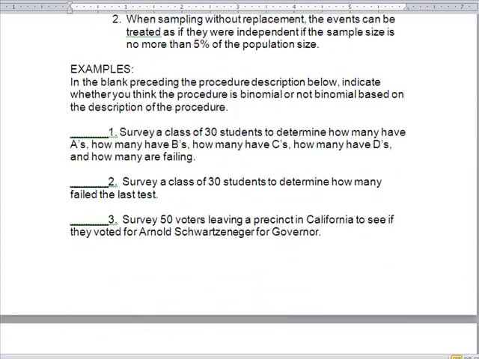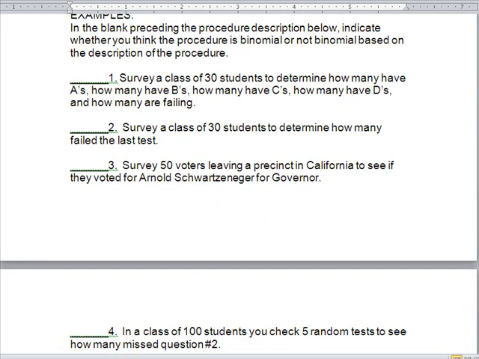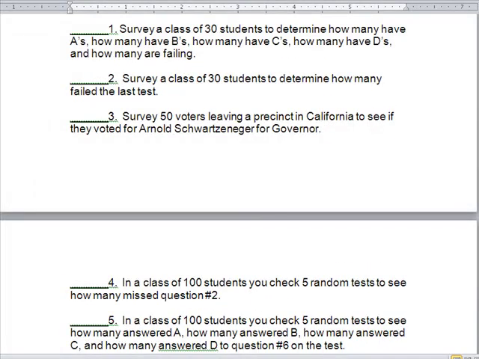Read through each of the examples and label it as yes, meaning it's a binomial probability distribution, or no, it's not. If your answer is no, indicate why. I would say pause the recording right now and read through these, give your answer, and when you have the answers, start the recording again so we can go over these.